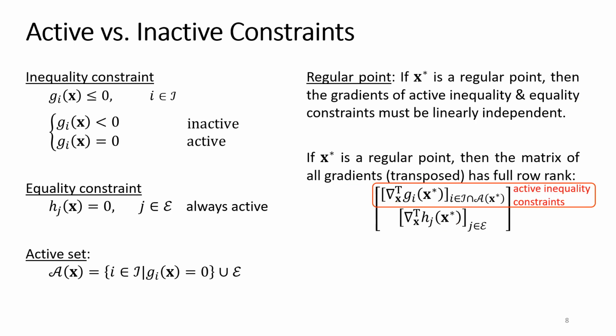The first block in this composite matrix contains the active inequality constraints, so the index of each g_i here must belong to I intersection A. I is the set of all inequality constraints and A is the set of all active constraints, so the intersection is the set of all active inequality constraints.